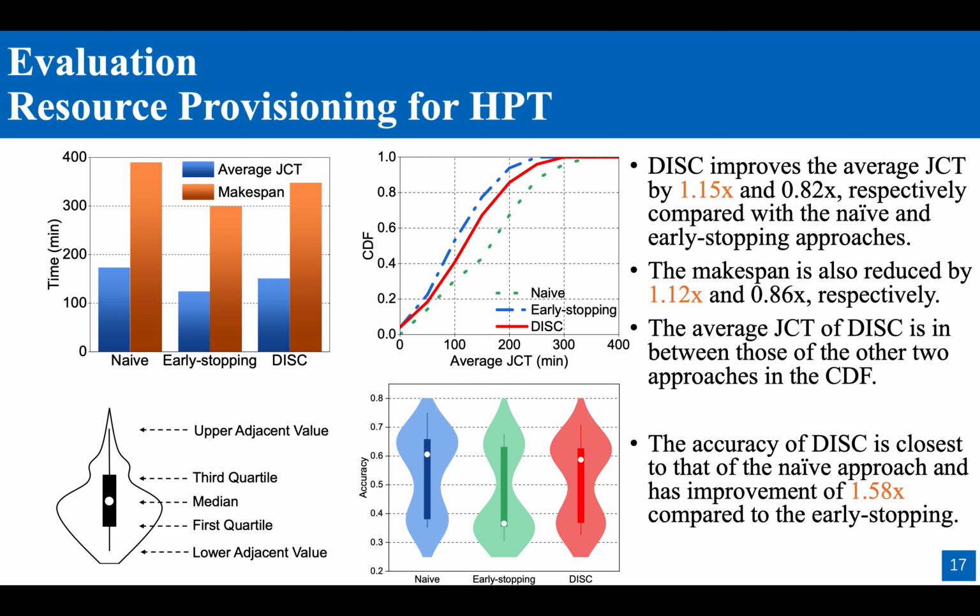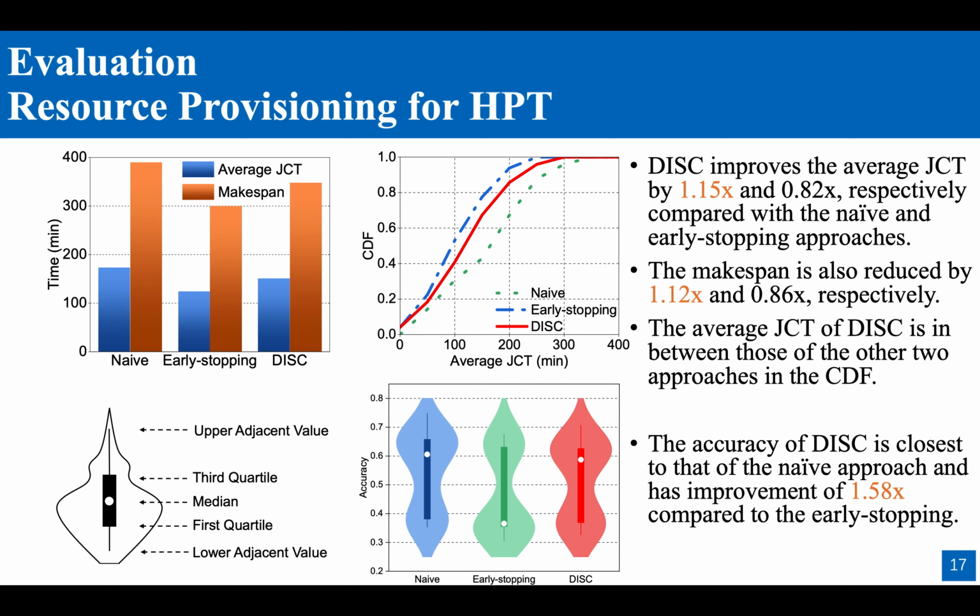The top right figure shows that the average density of DISK is in between those of the other two approaches in the CDF. As shown in the bottom left figure, we used violin plots with the box lines to measure the statistics of accuracy of multiple HPT jobs.